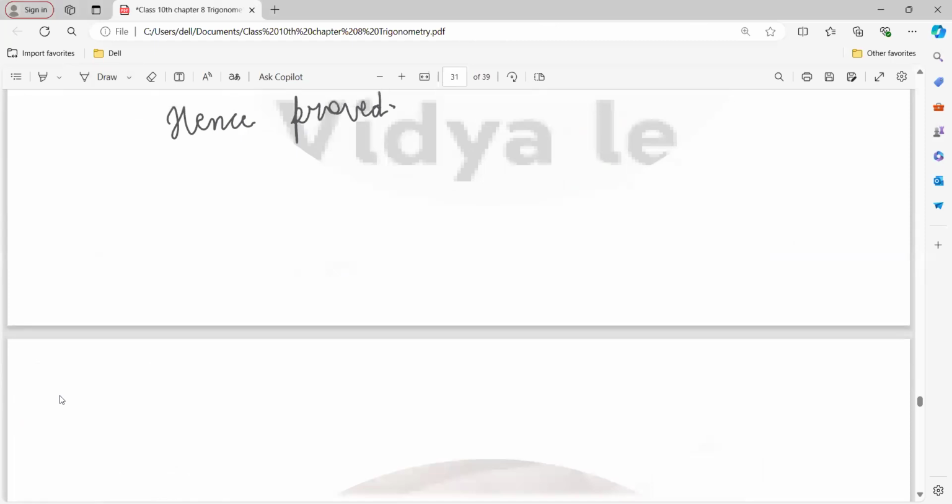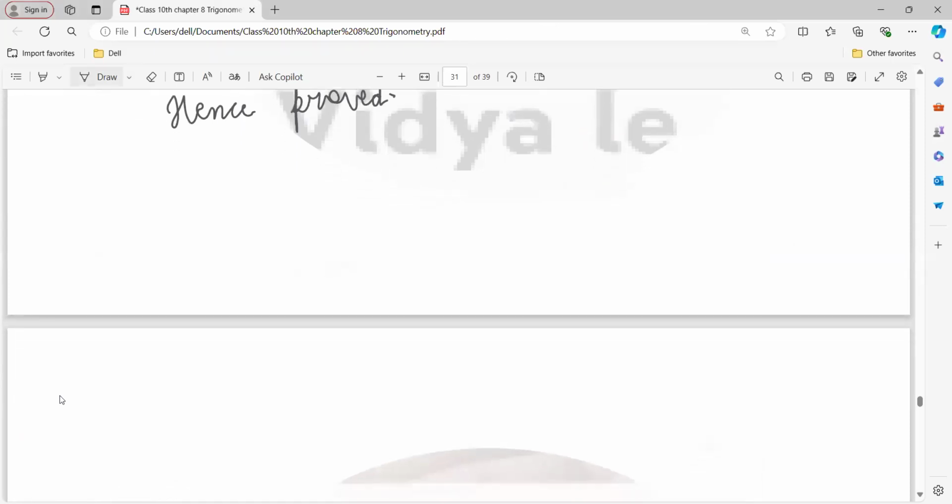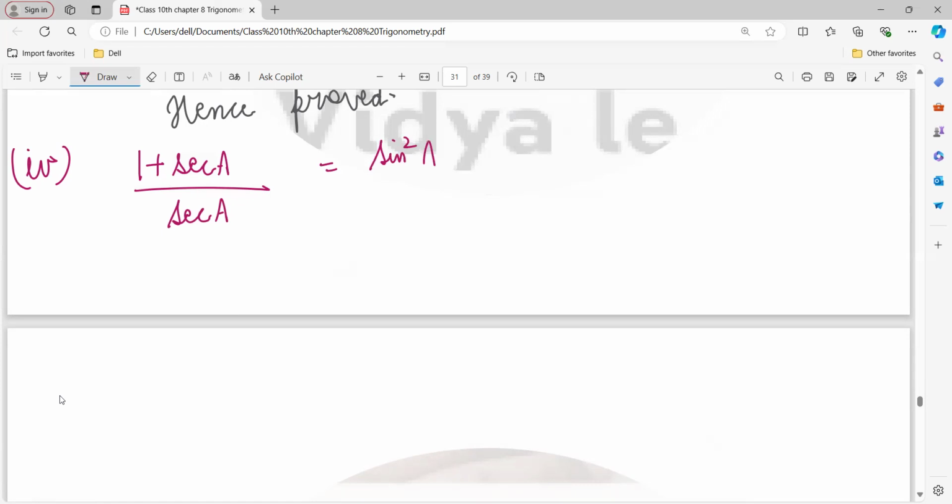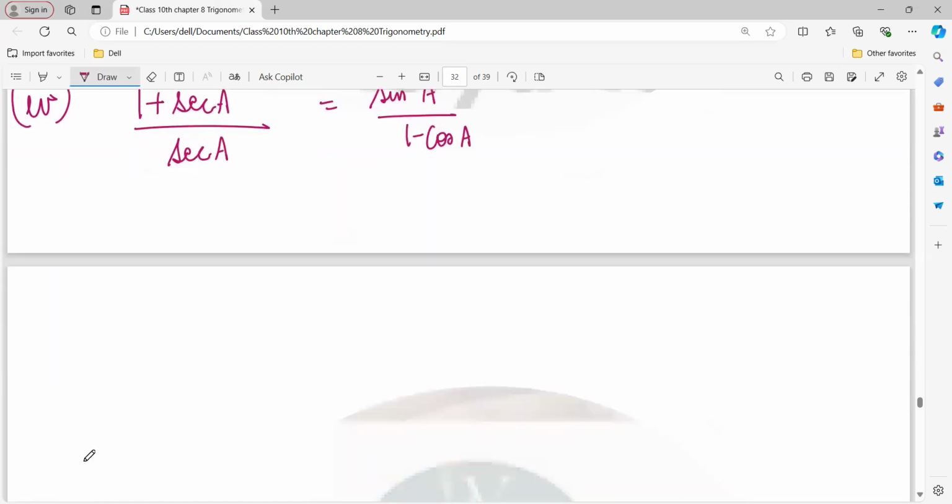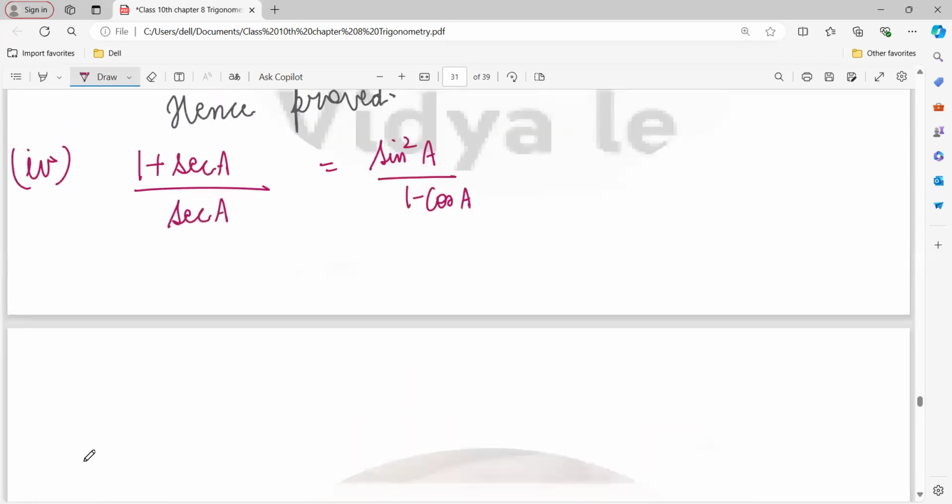So part 4th, we have 1 plus secant A upon secant A, and we need to prove it equals sine square A upon 1 minus cos A, right? Let's start. So let's take the left hand side. Left hand side is 1 plus secant A upon secant A.